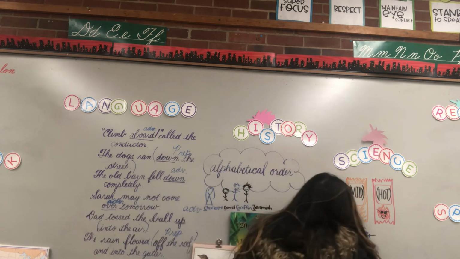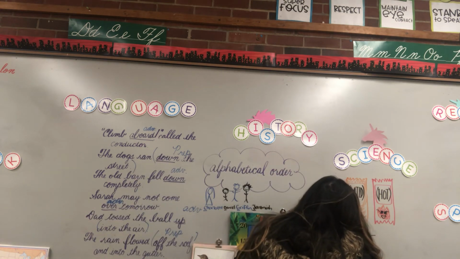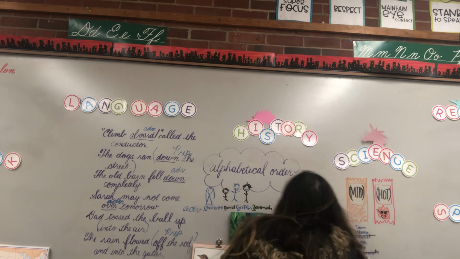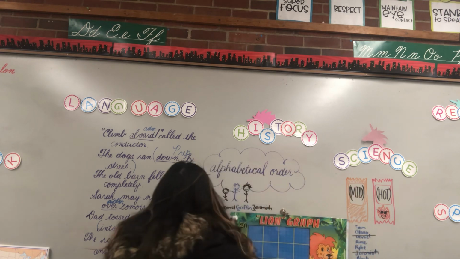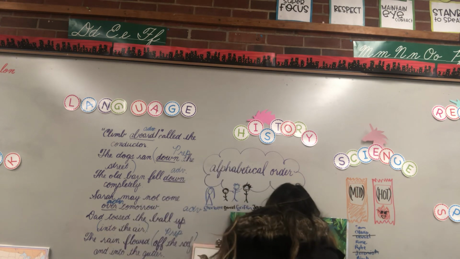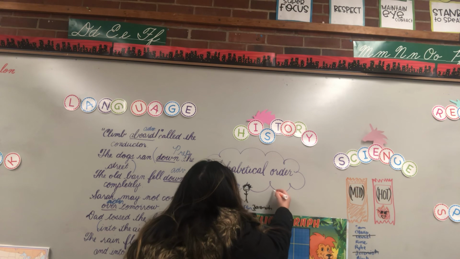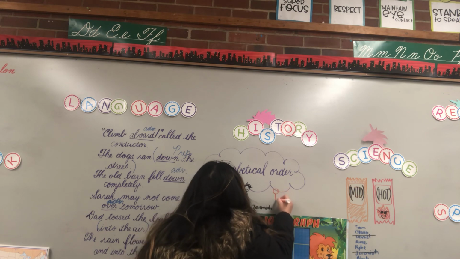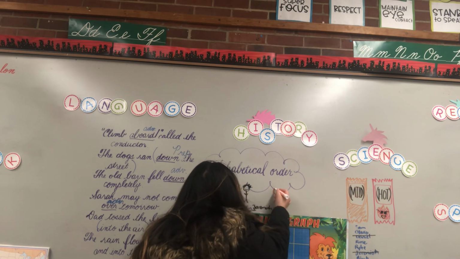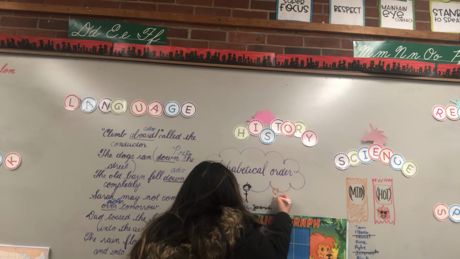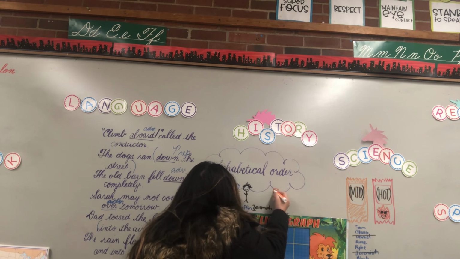Who's next? Who's next? M. Michael is next. Are you beating me right now? I don't know. Michael. Aw, Michael. I miss you guys. Michael's got the glasses. Can't forget the glasses.